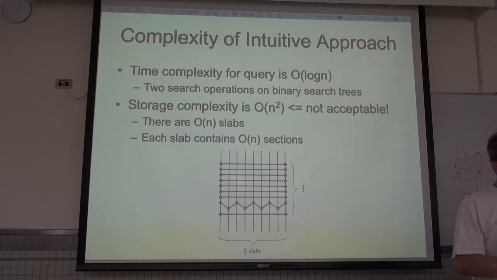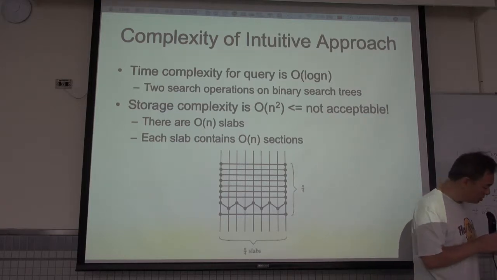If you have a number of leaf nodes, what is the storage space required for the binary search tree? Nobody knows? We have a big problem.